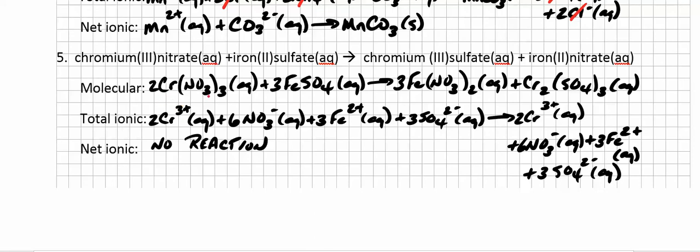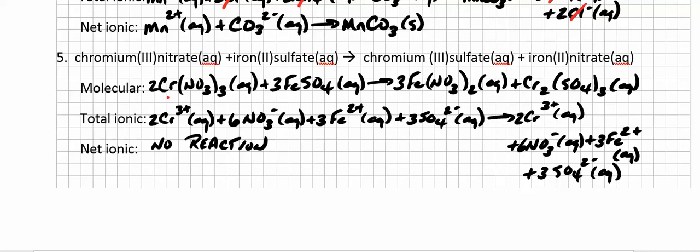We have chromium 3 nitrate, that's aqueous, plus iron 2 sulfate, that's FeSO4, yields chromium 3 sulfate, plus iron 2 nitrate, and 2, 3, 3, 1 balances this equation.